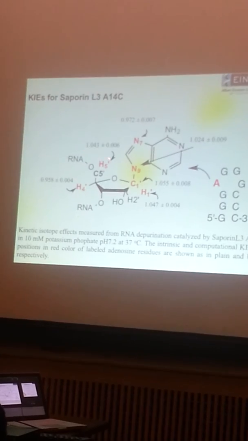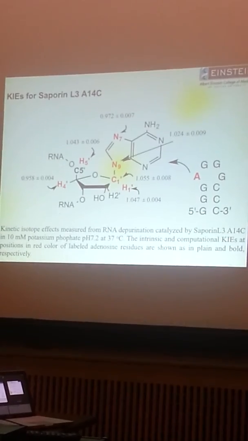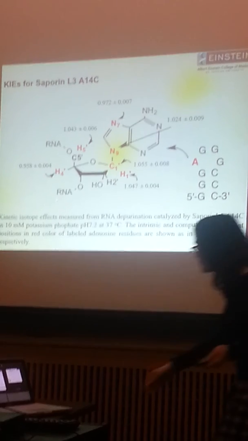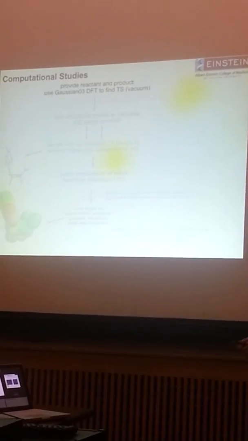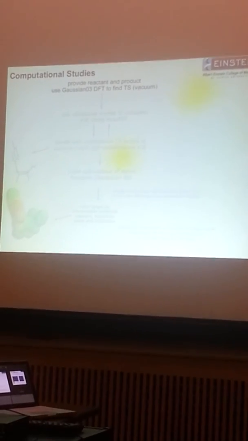And so the other KIEs will tell us the bond length and also the angles of these atoms. So next, once we get all the KIEs, we will look at the computational study.